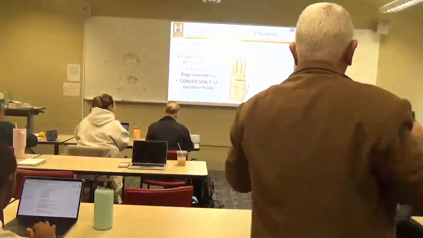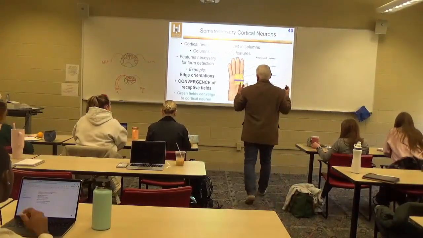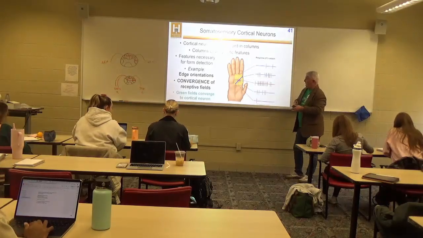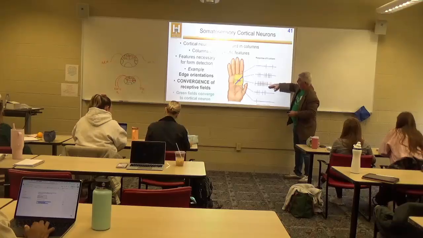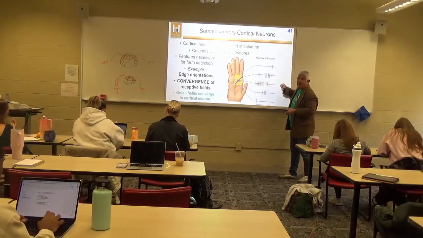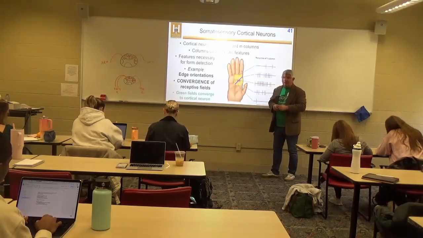So in a lot of ways, the brain's taking similar organizational features and using them across different sensory systems. So we actually get a tuning curve for something that's horizontal, and then we have another column that's looking at diagonal lines, and another column looking at.